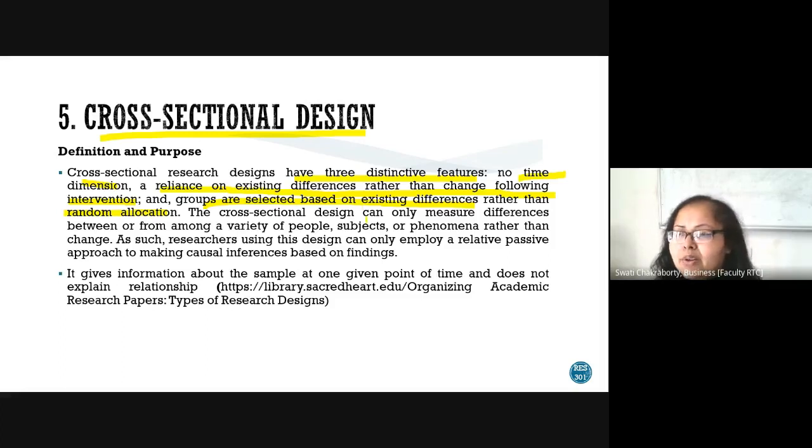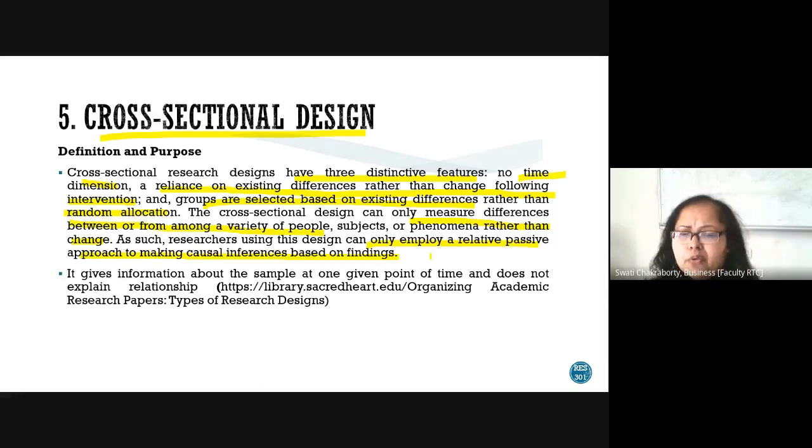So it can measure only differences between or among a variety of people, subjects, phenomena, rather than change, right? So here, researchers who use this design can only employ a relatively passive approach to make causal inferences based on findings.